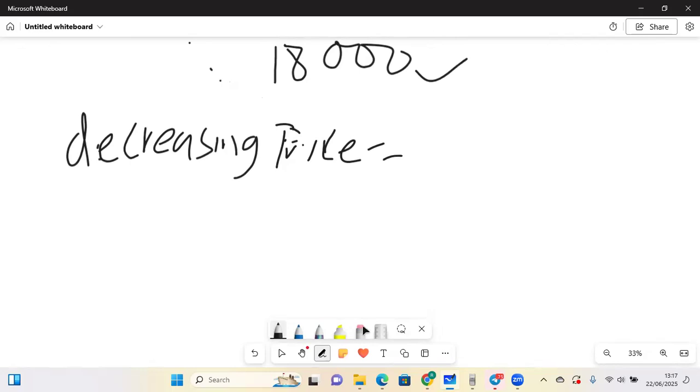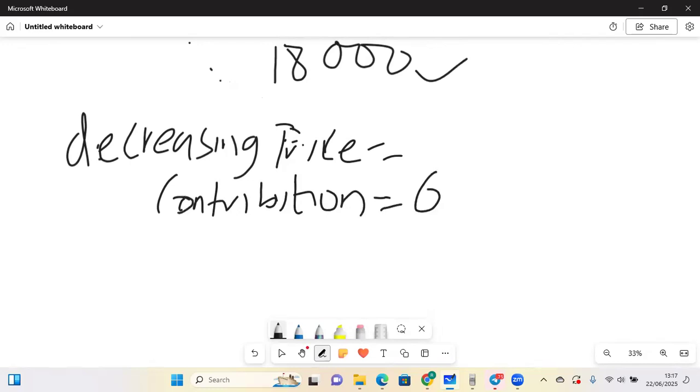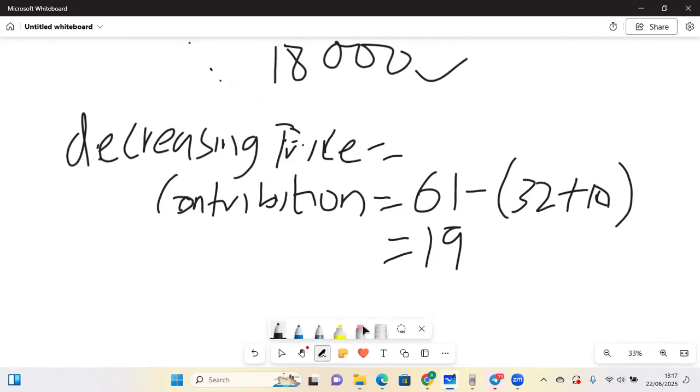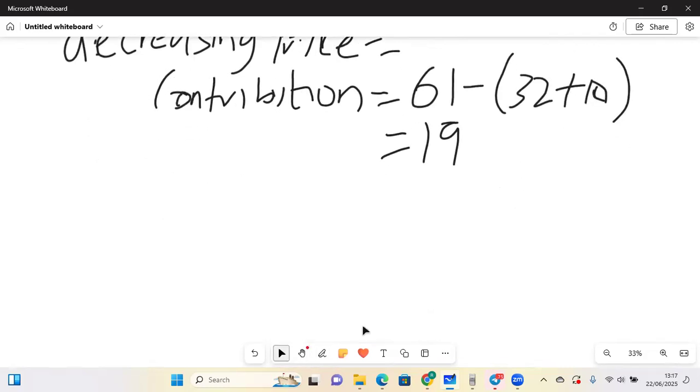The new contribution is going to be equal to the new price, which is 61, minus the same 32 plus 10, because it still has the same variable cost. So now we are going to get 19 as our contribution.